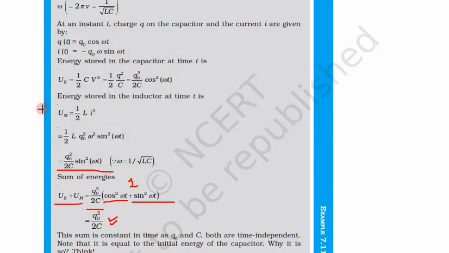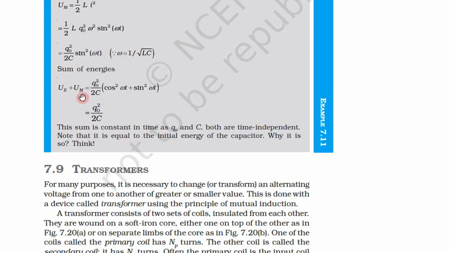Here we can see that we have calculated this energy at any given time, and we got Q0 square upon 2C. The initial charge Q0 is not changing, its square is also a constant, 2 is a constant, and C, the capacitance, is again a constant.